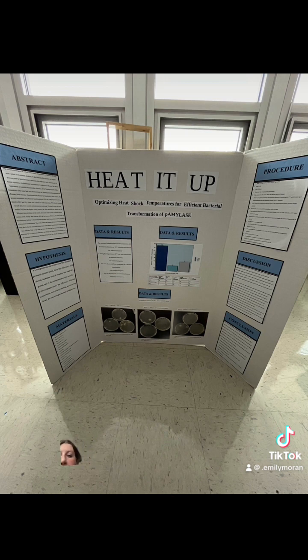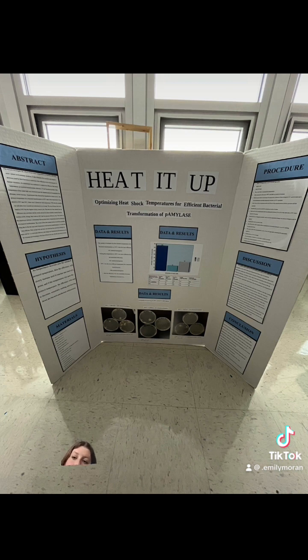We used the average number to calculate the efficiency with the equation: the number of colonies on the plate divided by nanograms of DNA plated times 1,000 microliters. With that equation, 42 degrees had an efficiency rate of 42.